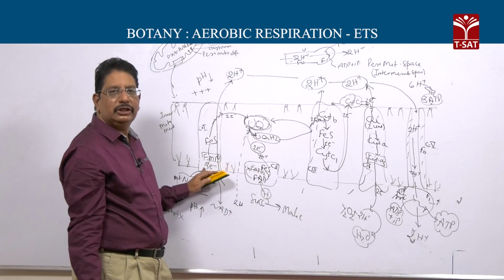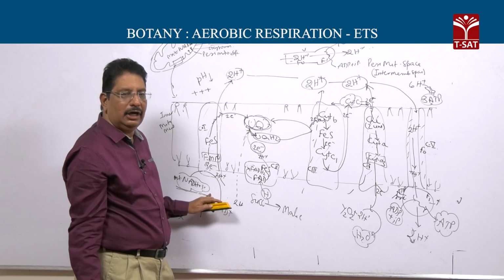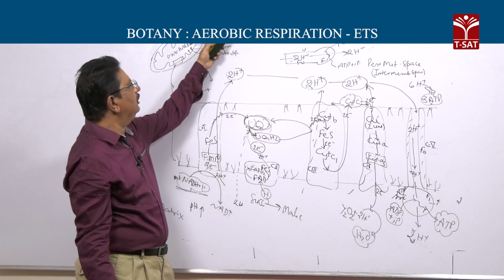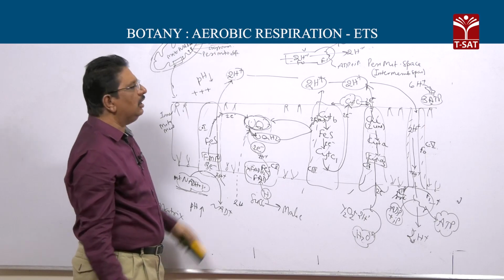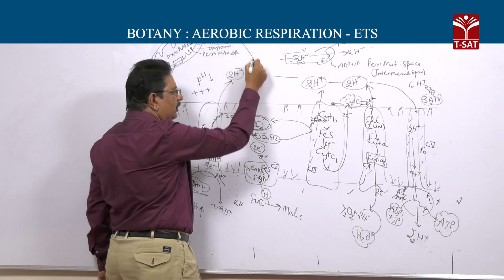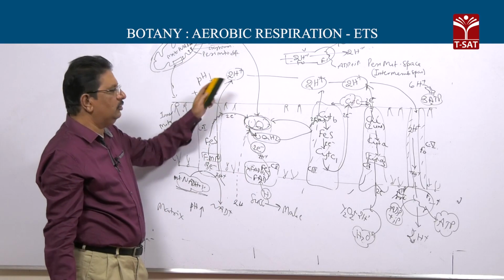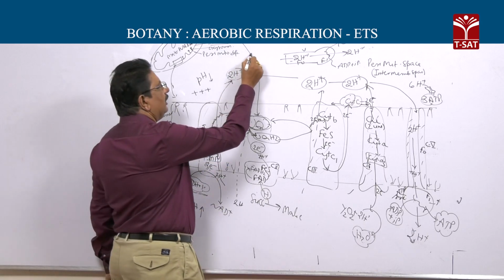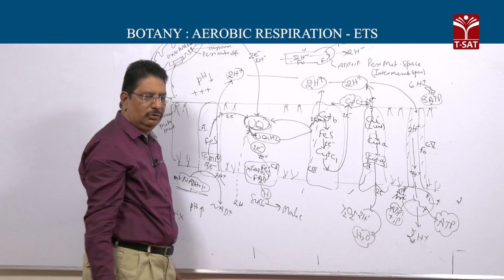The first complex is involved in the oxidation of mitochondrial NADH. Apart from these two, there is cytosol NADH. It is also going to be oxidized after entering the mitochondria and transfers its electrons and protons to ubiquinone.